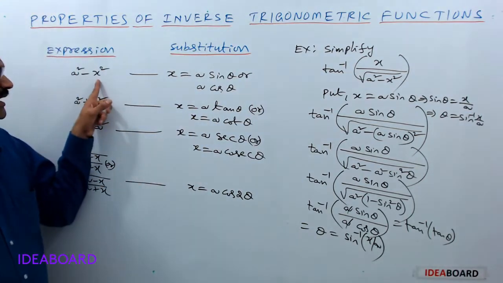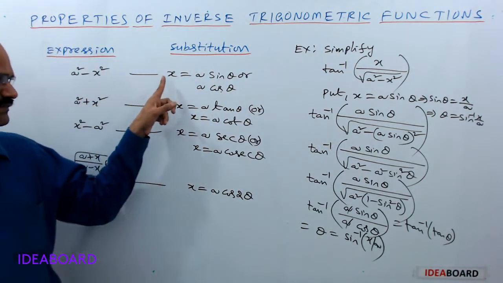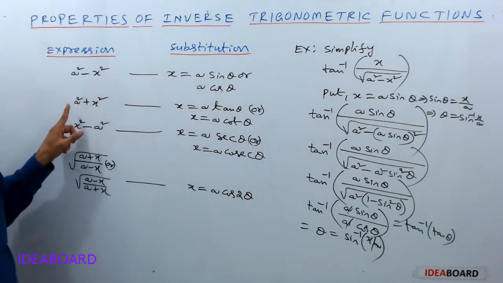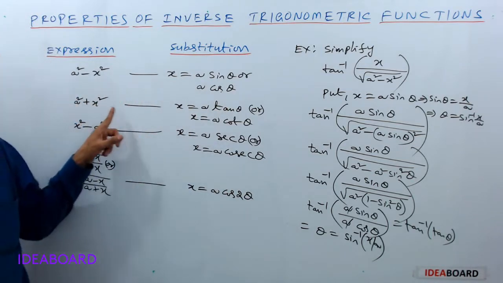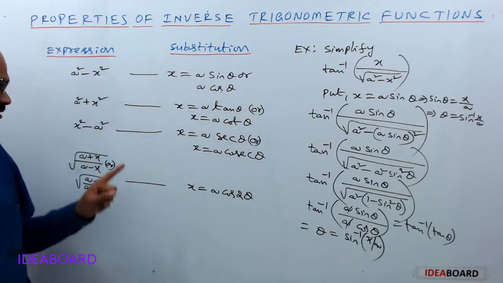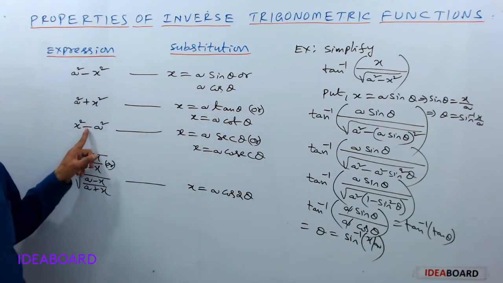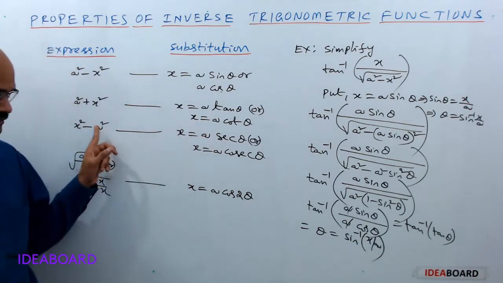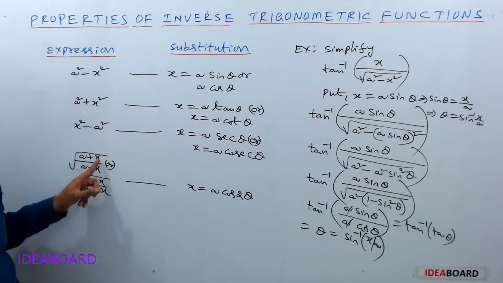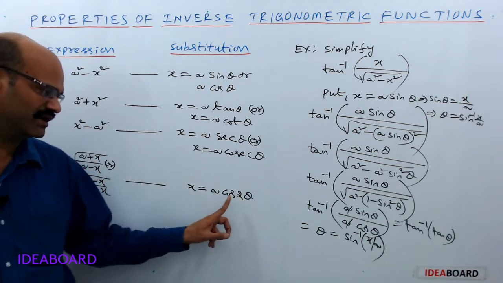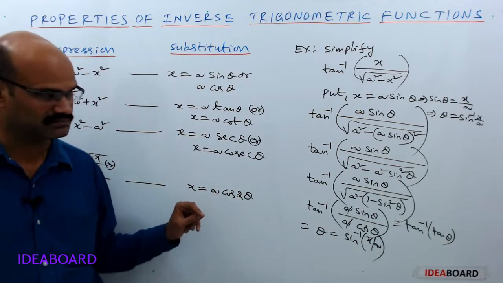Similarly, if you have 1 minus x square, x equal to sin theta or cos theta, put a equal to 1 here. 1 plus x square, put x equal to tan theta or x equal to cot theta. x square minus 1, put x equal to secant theta, put a equal to 1. Square root of 1 plus x by 1 minus x, put x equal to cos 2 theta, a equal to 1.